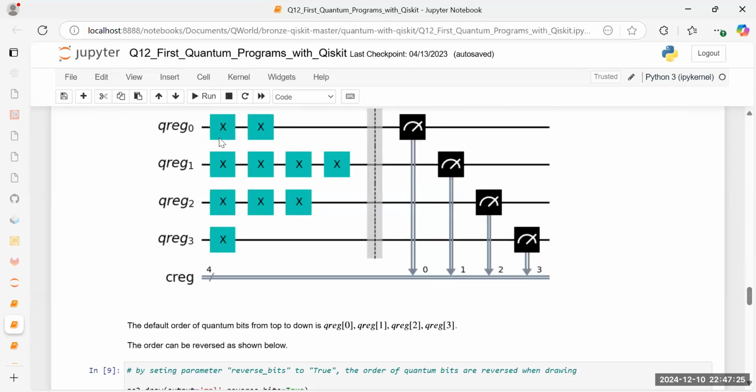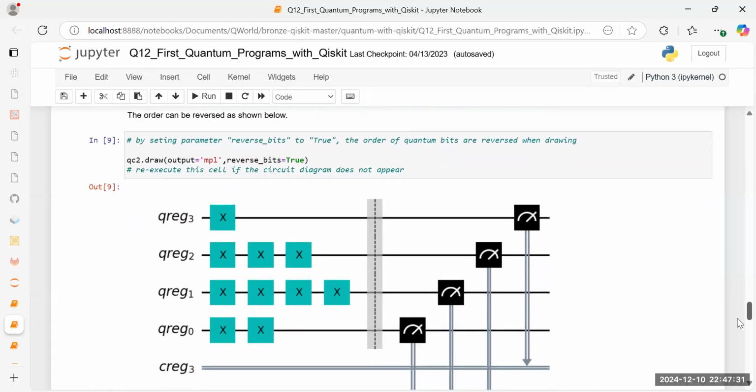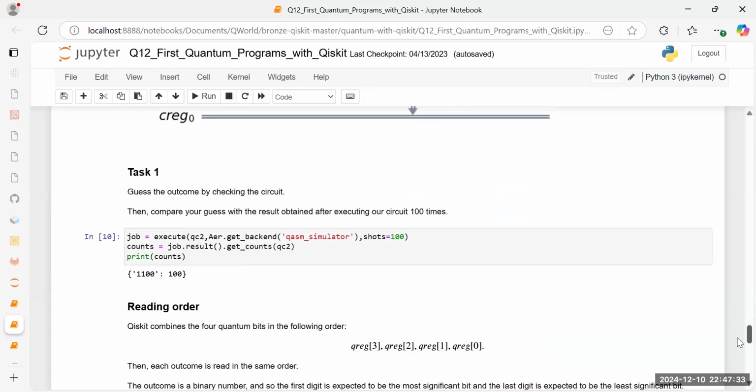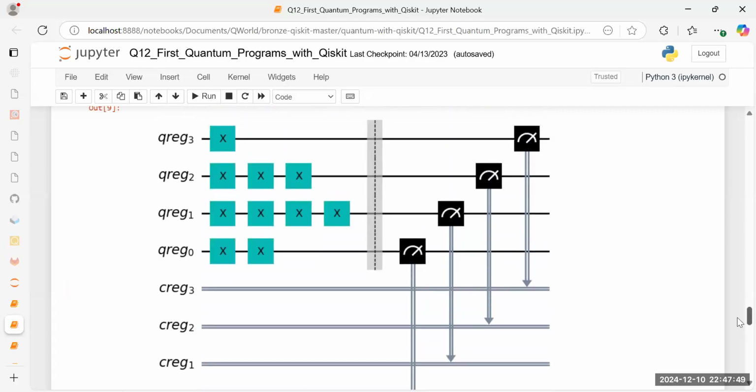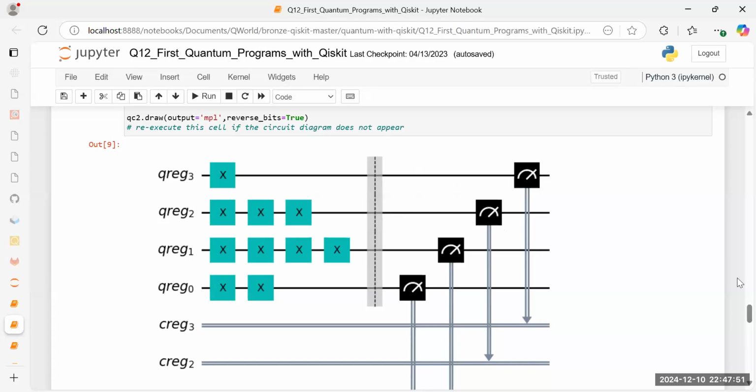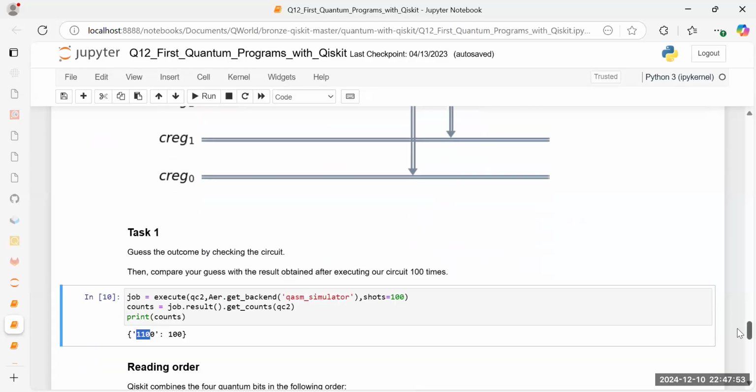So we applied the X a couple of times, as you can see here. And if we are to check the results, in this case we repeated it just 100 times. And every single time, we got 110.